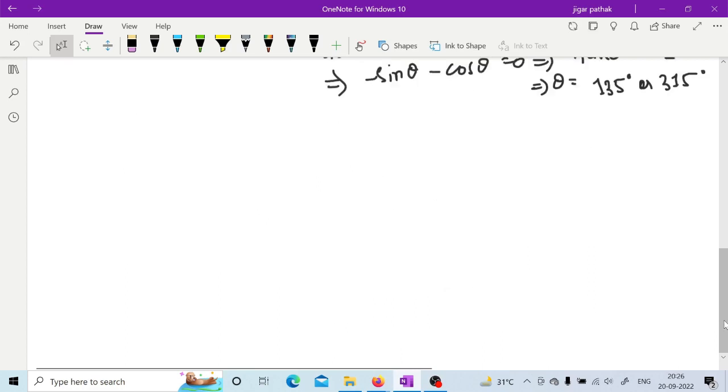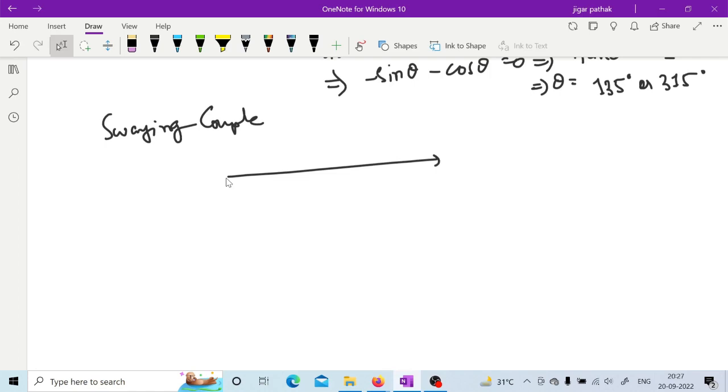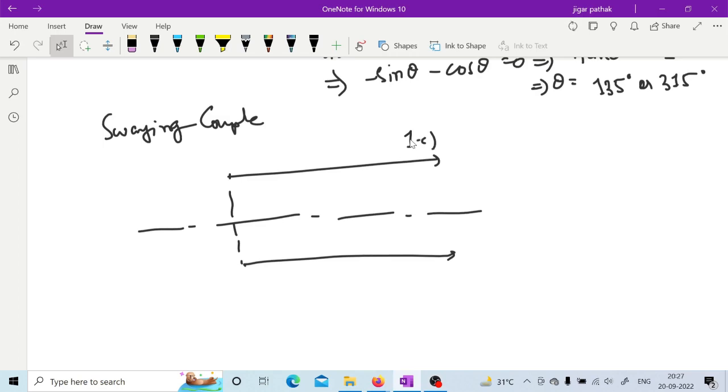Now one more thing was there, and that was swaying couple. So in swaying couple, I am drawing this, this may be the center line, right? Suppose this is (1 minus c) m r omega square cos theta, and then this can be considered as (1 minus c) m r omega square cos (theta plus 90). Then both you can consider at a distance, let us say L by 2, from the center line.